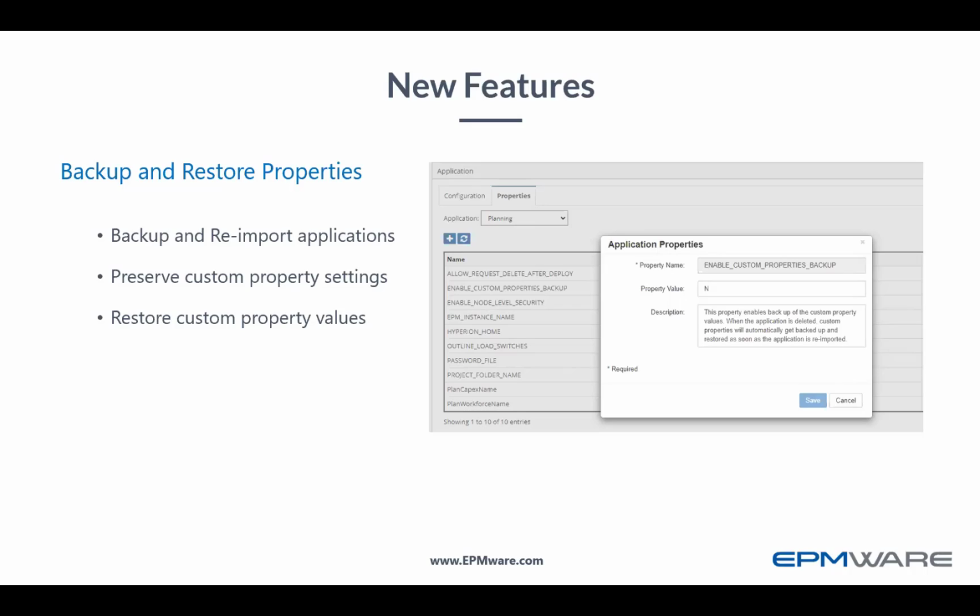And values and hierarchies have changed, so we want to be able to true up the application right before we cut it over to production. And what this allows us to do is to retain all of the custom properties and those values that are there. And traditionally, I think what we were doing before this is taking a tremendous amount of extracts out of EPMware and then loading them back in and loading in the property settings, and it was a nightmare. So Devin came up with this really cool feature to be able to retain the custom property settings and values.